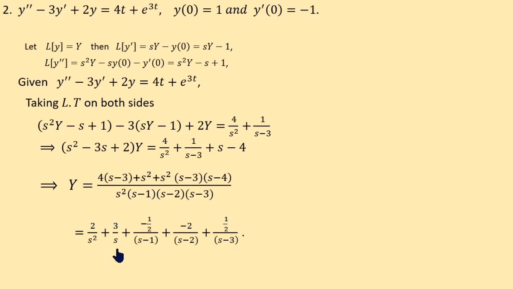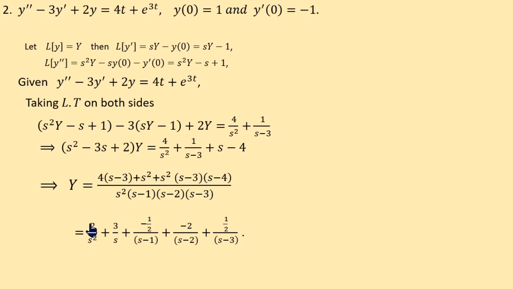Now to find the B value, take the left side: s square into s into s into s, totally s power 5. When it comes here, s power 5 by s square is s cube, and s power 5 by s is s power 4. Here also s power 4. Coefficient of s power 4 on the left hand side is 1.